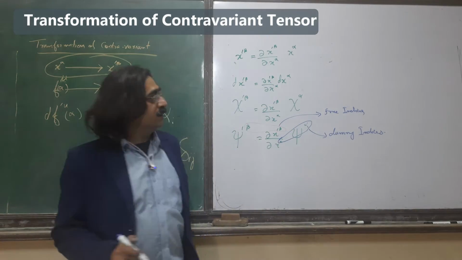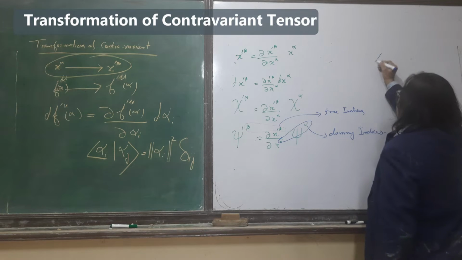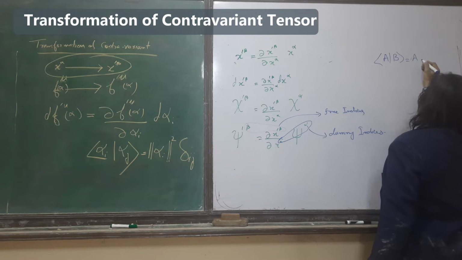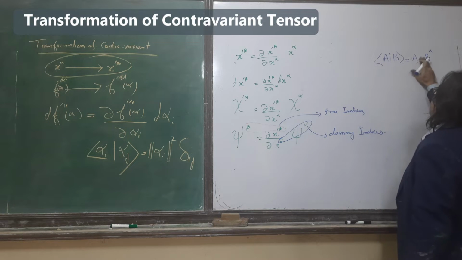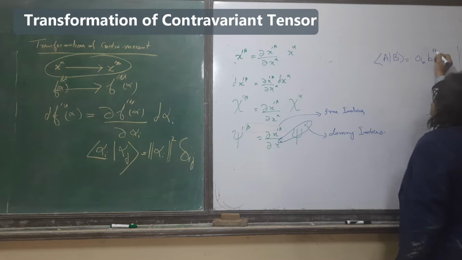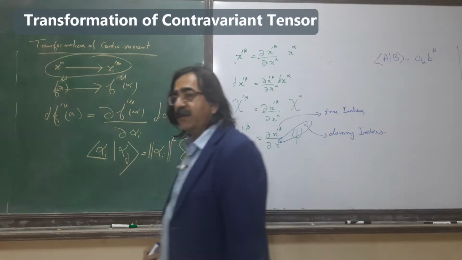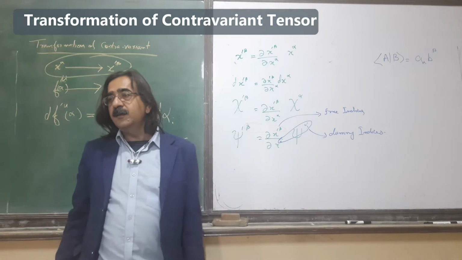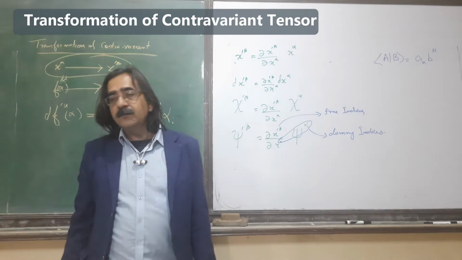The other thing we have studied is that if we are considering vectors A and B, one will be covariant and one will be contravariant. Last time we explained it very clearly.